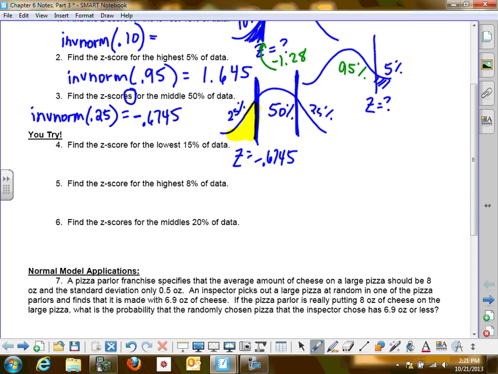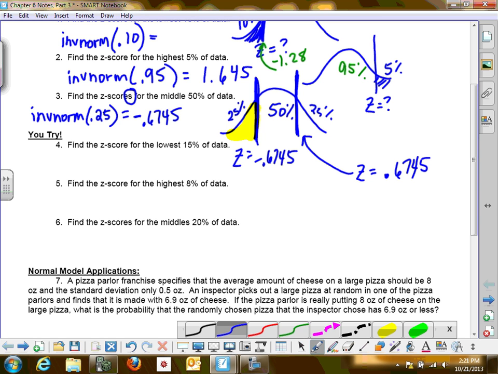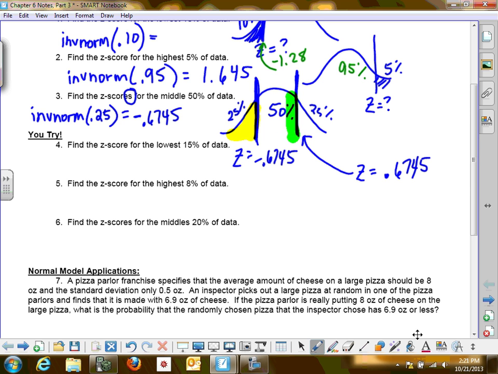Now, you're welcome to just use your brain and know that this is symmetrical. Since this is symmetrical, what is this upper z-score going to be? Positive 0.6745. Now, if you wanted to check yourself in the calculator, what amount of area is below this upper z-score? 75% is below that.